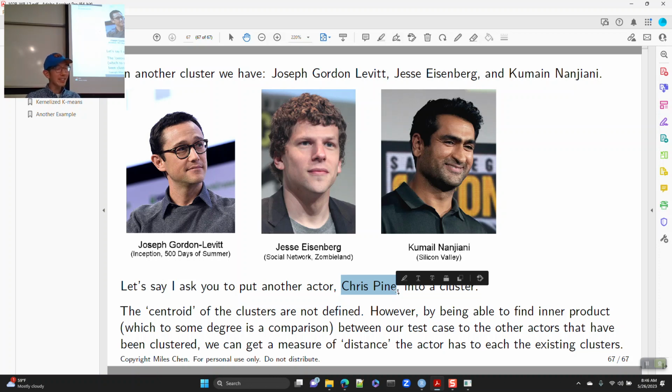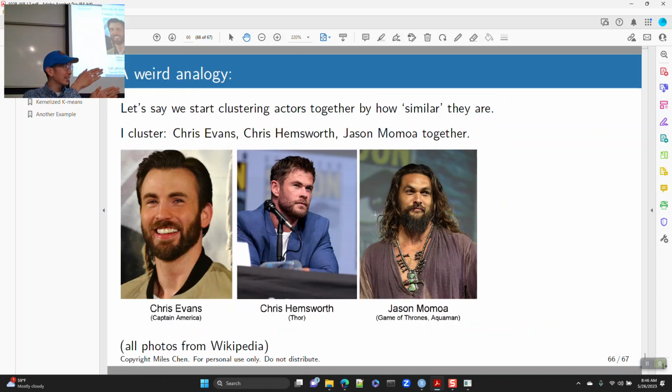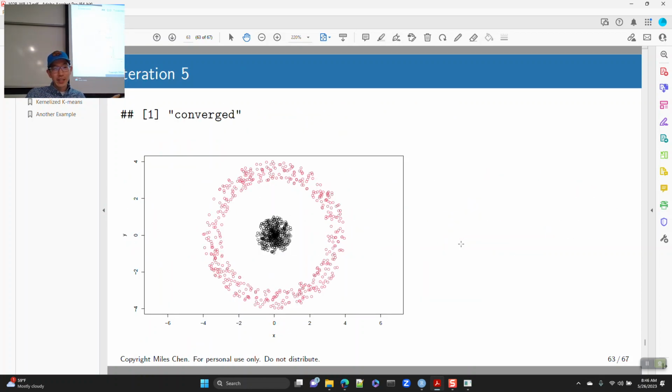Maybe there's some way for us to measure, rather than trying to imagine the centroid, the average of these three actors and the average of those three actors, how similar this new actor is to each of these actors. So we're calculating how similar this one particular actor is to the others; we have 6 actors in the data set.